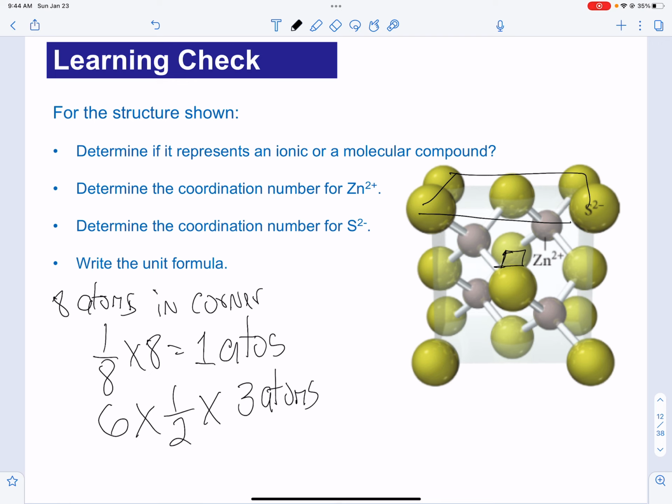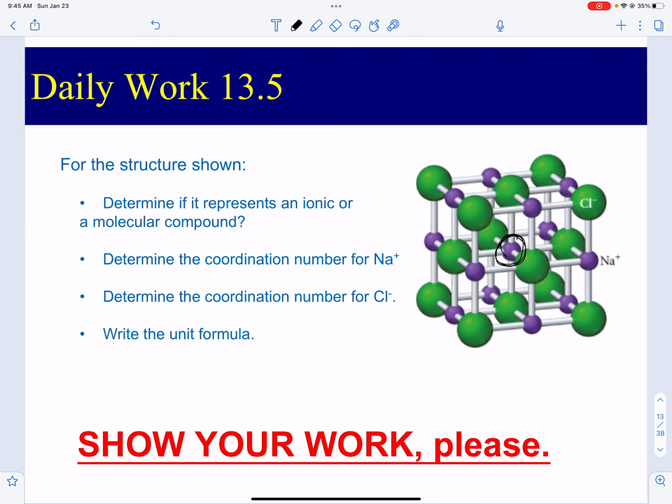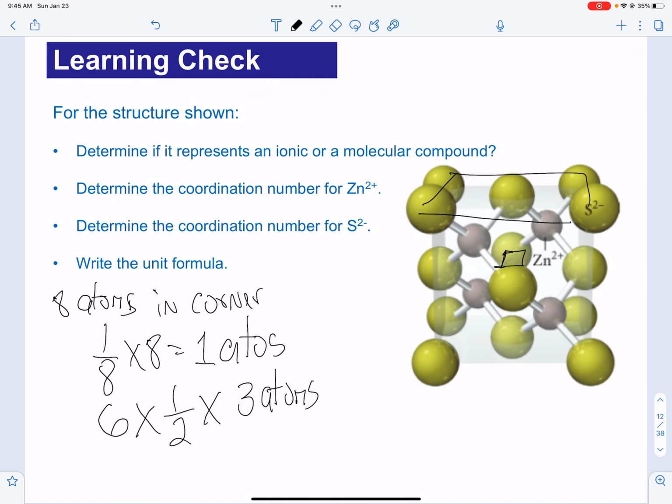There's nothing in there, so you have no body center. If there was one on the center like this one here, that would be one atom full by itself belonging to this cell. So all together, the sulfide represents 4 atoms. What about the zinc?